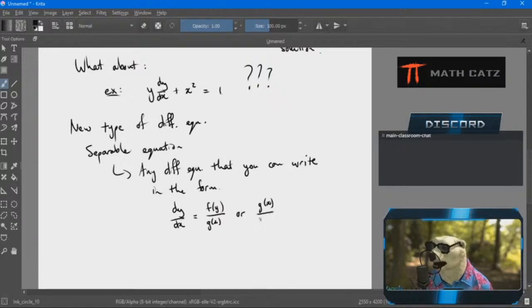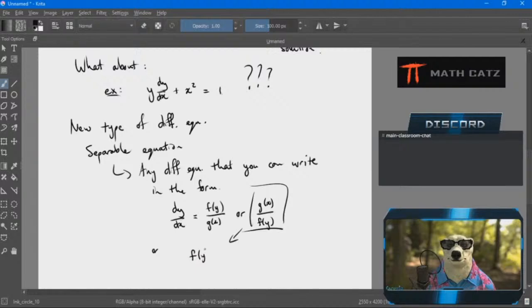Now, it doesn't matter which side they occur, as long as I have them like that. Actually, maybe I'll prefer the second one. It doesn't matter at all. I want to be able to separate them. Let's focus on this one and recognize that the function doesn't actually matter.